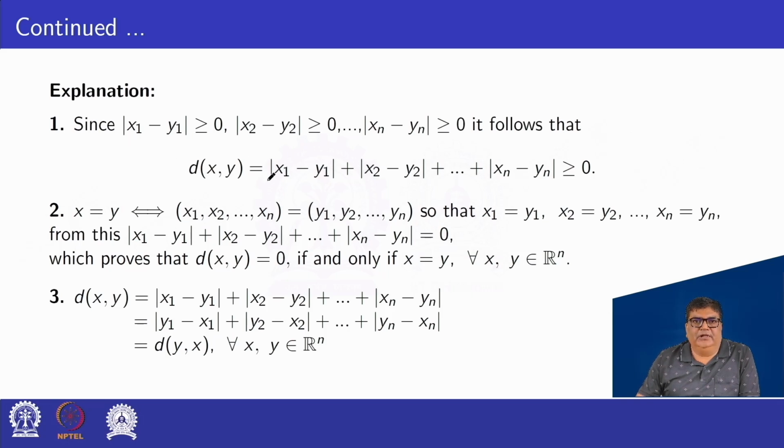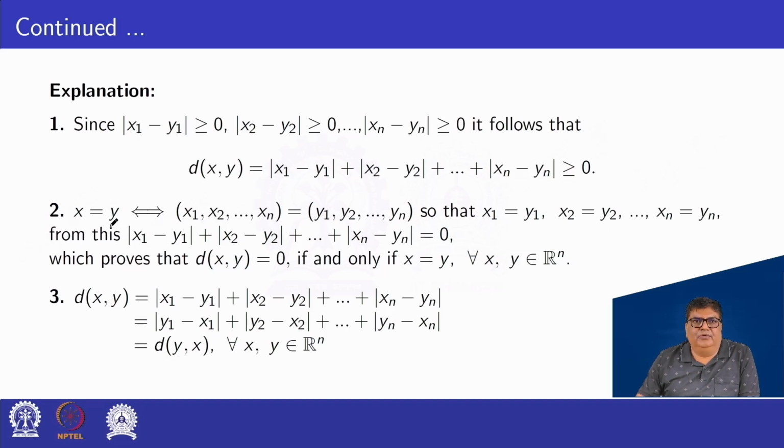So d(x,y) is equal to |x1 − y1| + |x2 − y2| + and so on + |xn − yn| greater than or equal to 0, since |x1 − y1| ≥ 0, |x2 − y2| ≥ 0 and so on, |xn − yn| ≥ 0. That is, d(x,y) ≥ 0. So the first condition is satisfied.